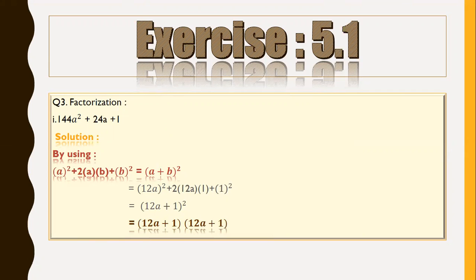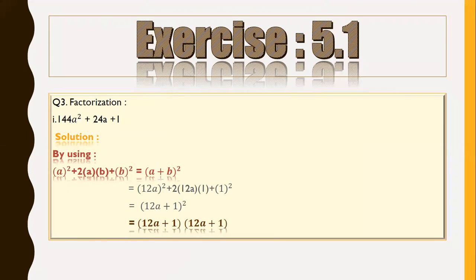So instead of 144 a square, we write here 12a square plus 2 into 12a into 1 plus 1 square, because we have the formula a square plus 2ab plus b square.